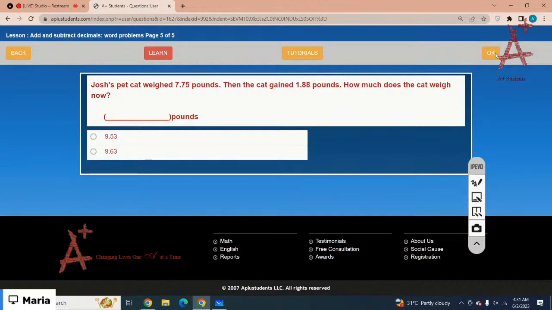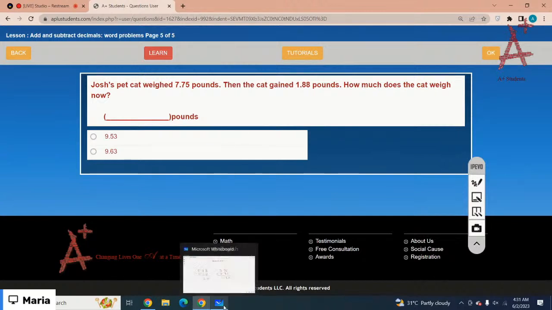So which is the correct option? Which is the correct option? It would be 9.53. You have to add.